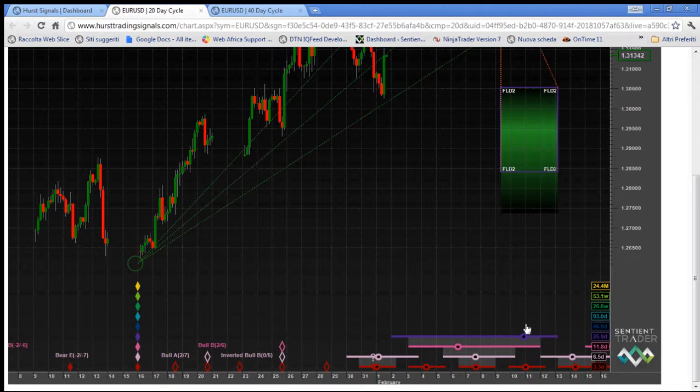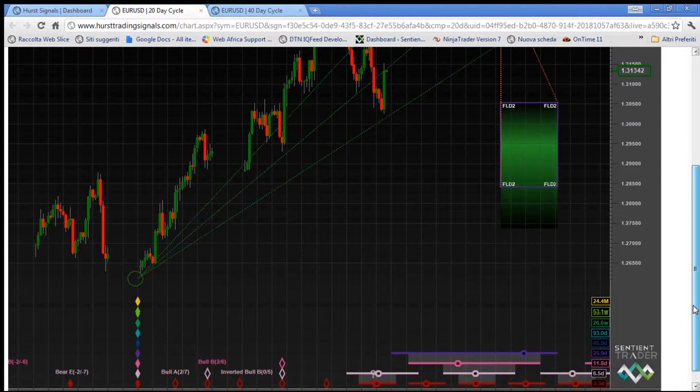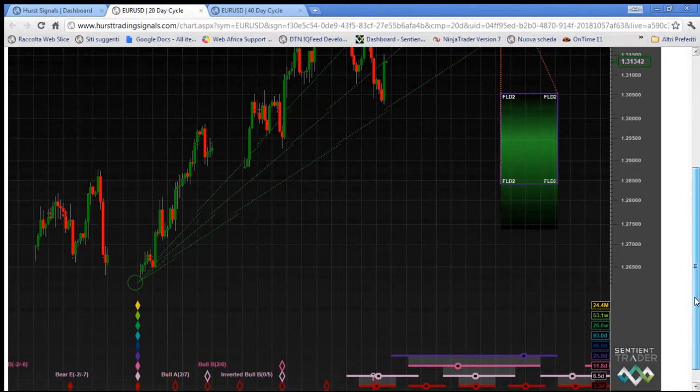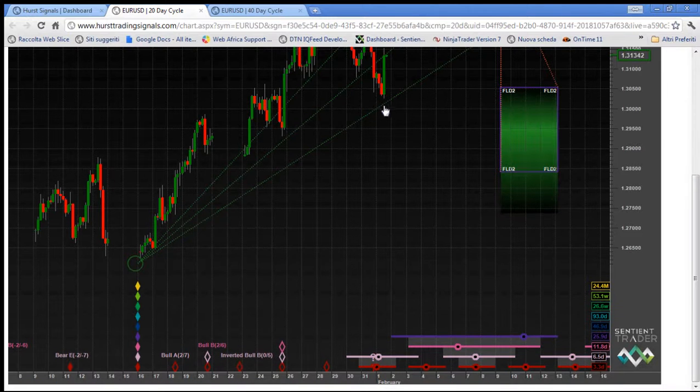And if we have a look at further and further detail, you can see the same thing is being said here in Hurst signals, that we're expecting the market to move down towards the end of the sort of 7th to the 10th of February.